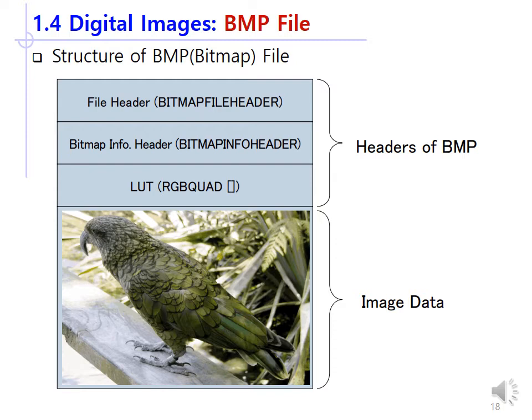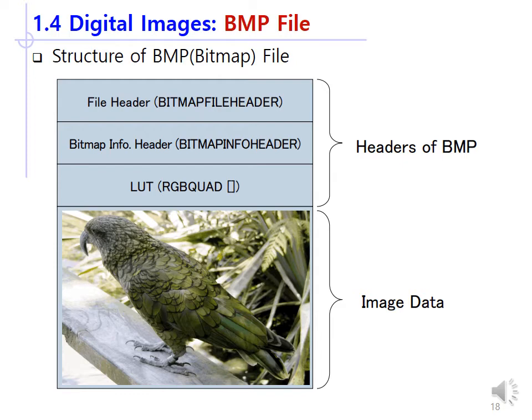This slide shows the structure of a bitmap BMP file. Bitmap is one of the popular image formats in the computer vision area. There is a file header at the top of the image, then the bitmap info header, then the LUT, lookup table, follows.